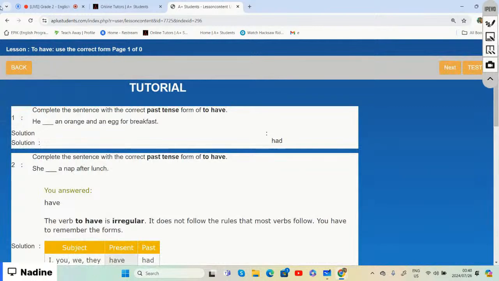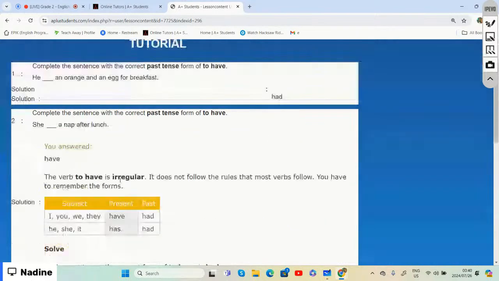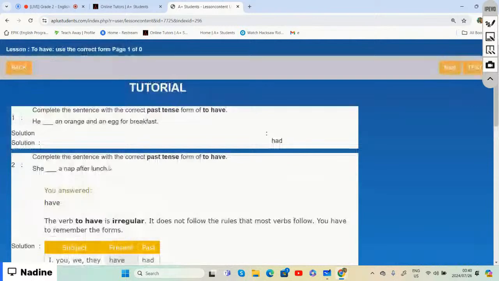So we can say he. So here we say he. Do we say he had or he have an orange and an egg for breakfast?